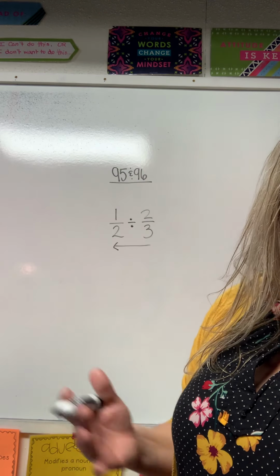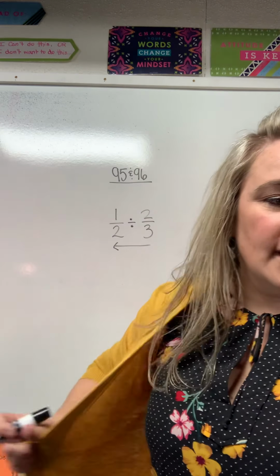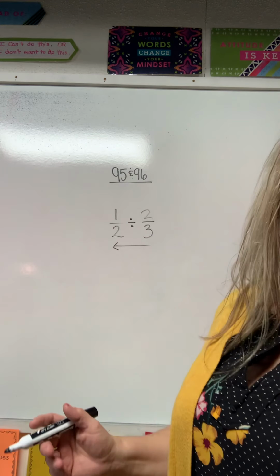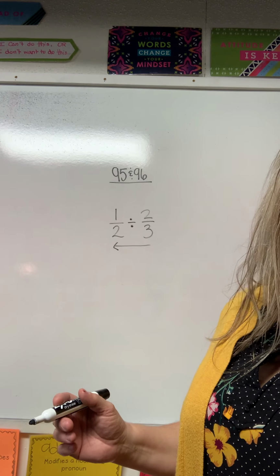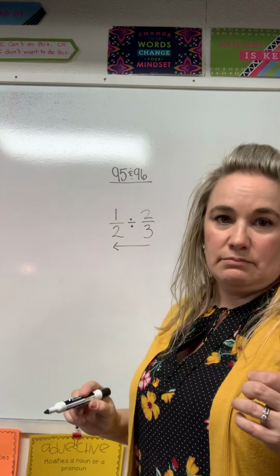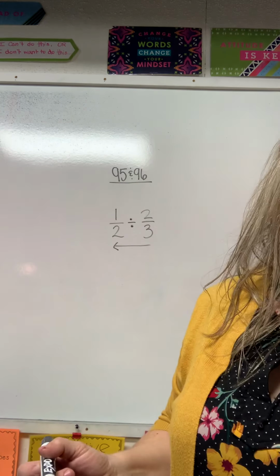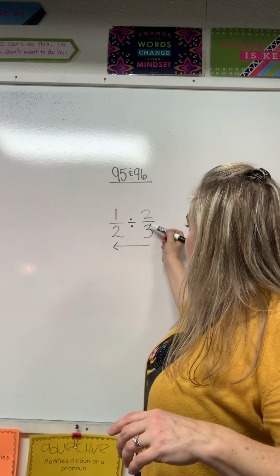We flip the problem into a multiplication problem. So we're actually going to do 2 steps. Step 1, how many 2/3 are in 1? Why would we do this? How many 2/3 are in 1? The answer would be 3/2.